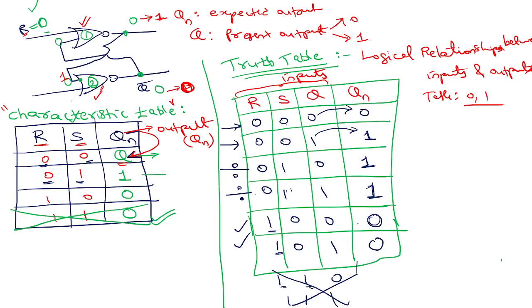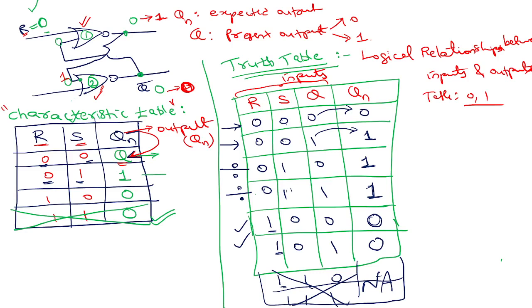Set condition and reset condition. And R equal to 1, S equal to 1 is not applicable, you should not apply that. So for every flip-flop, what is important is the characteristic table. There are a hell lot of questions based on this, either on the characteristic table or the truth table.